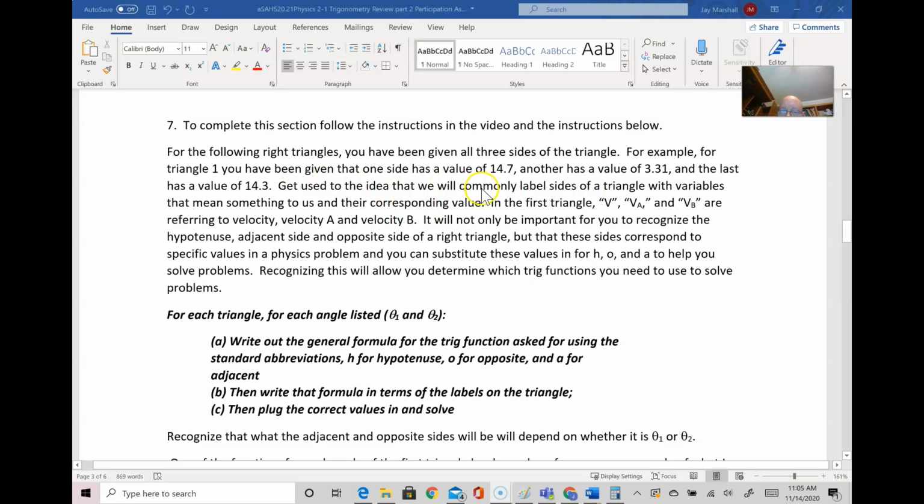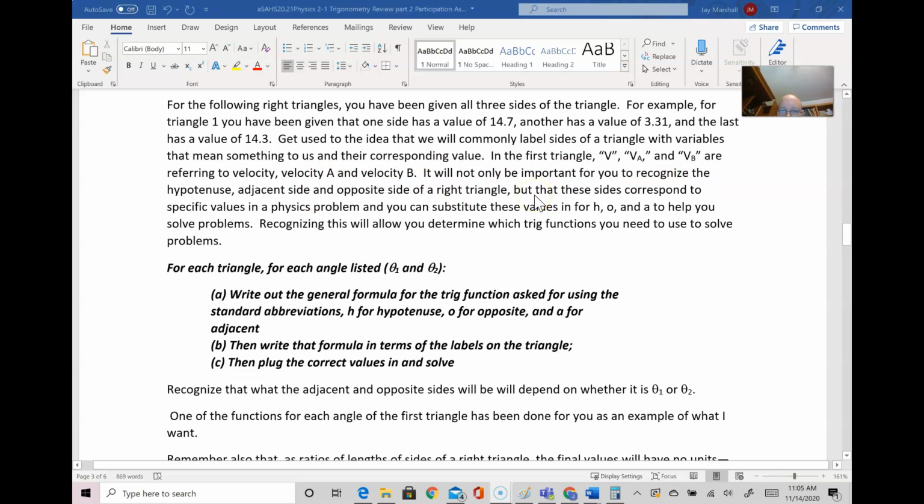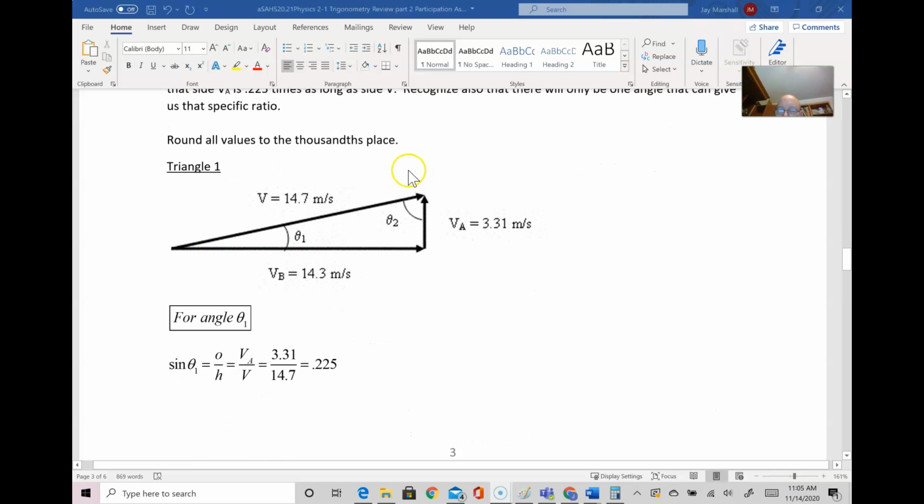And get used to the idea that we'll commonly label sides of the triangles with variables that mean something to us and their corresponding value. So again, I've said V and VA and VB, and what we're saying here is that this is a velocity. This vector represents velocity A, my first velocity, and I'm adding this velocity to vector B, which is 14.3 meters per second, and I'm getting this total velocity.